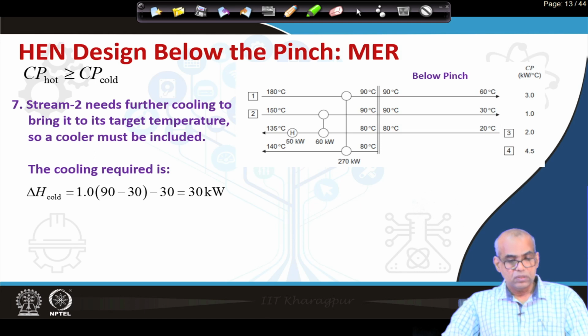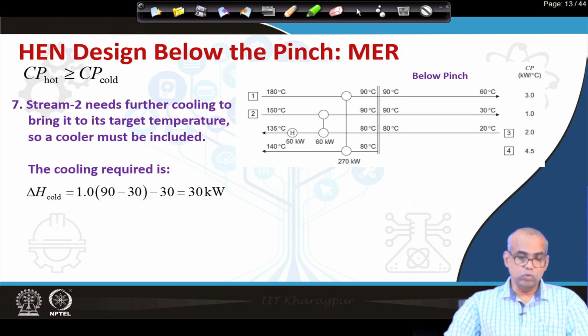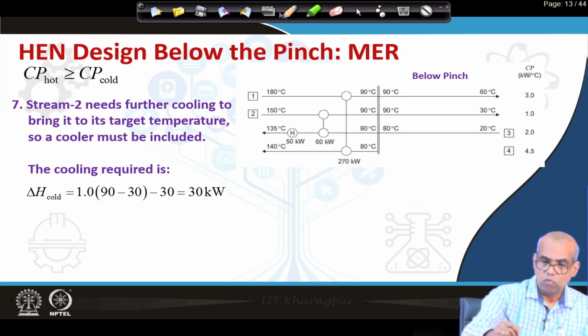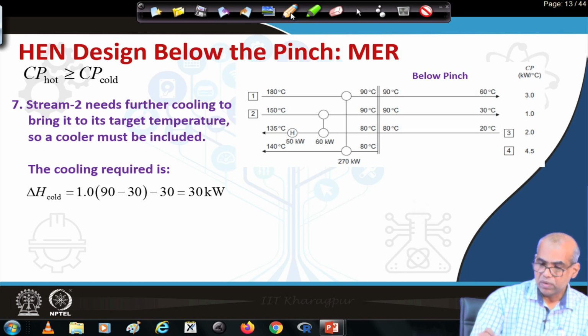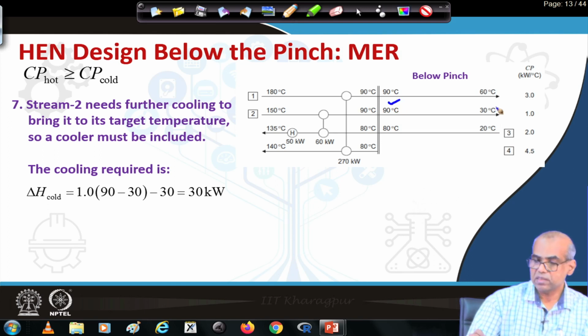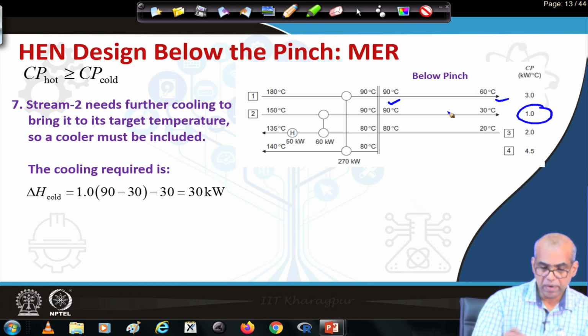So, now after removing 30 kilowatt from stream 2, stream 2 requires further cooling to bring its temperature to the target temperature of 30 degrees Celsius. What is that requirement? From pinch temperature of 90 degrees Celsius to target temperature 30 degrees Celsius, it requires 1 multiplied by 90 minus 30, which is 60. So, it has already given 30 kilowatt to stream number 3.